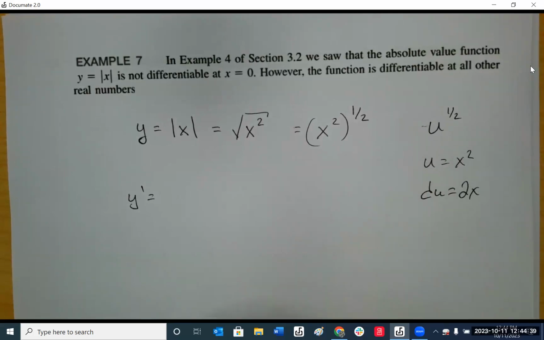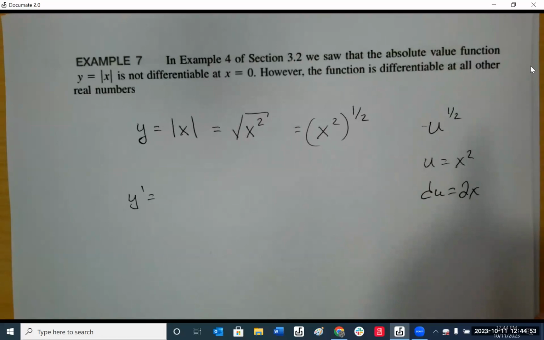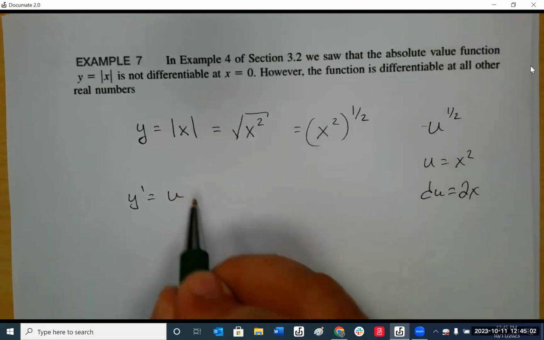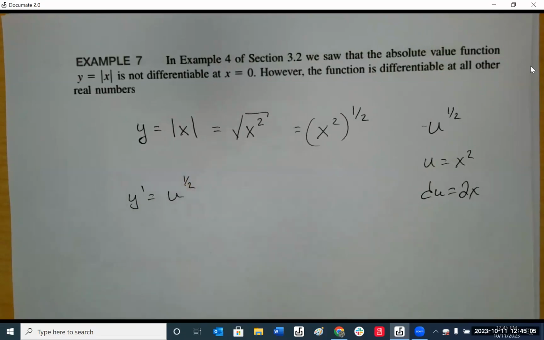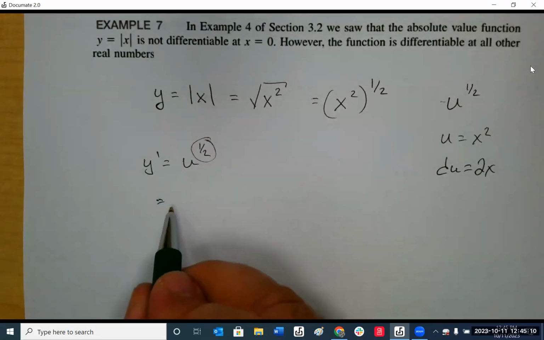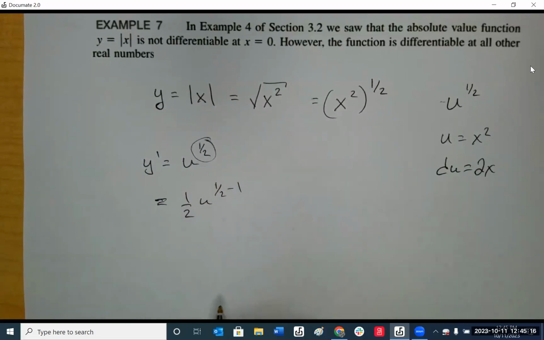So what's the derivative going to be? Our question right now looks like this: u to the power 1/2. Since it's a power function, we have to bring that down and subtract 1, times du.